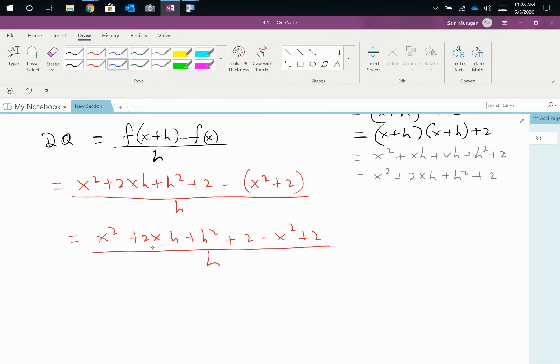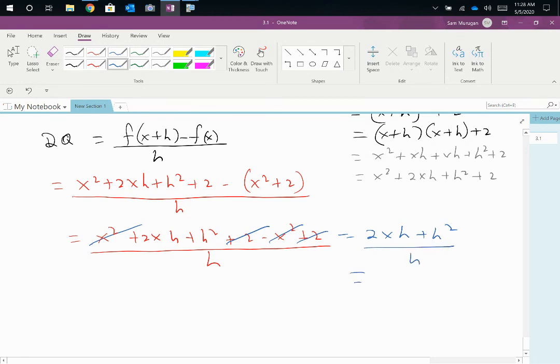So everything that does not have an h should cancel out. And this leaves us with 2xh plus h squared over h. Factor out h on the numerator, we have h times 2x plus h divided by h. So the answer is equal to 2x plus h.